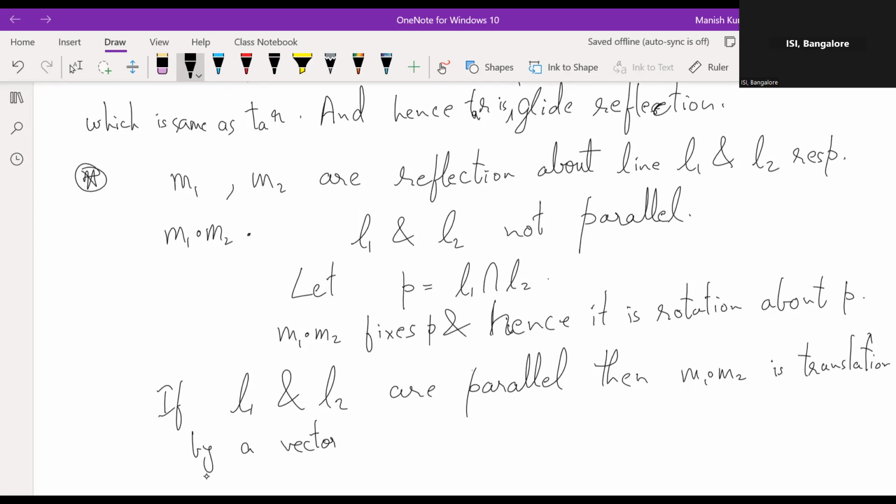Can you specify the direction of the vector? If you reflect by L1 and L2 and both are parallel, then this will be a translation in which direction?